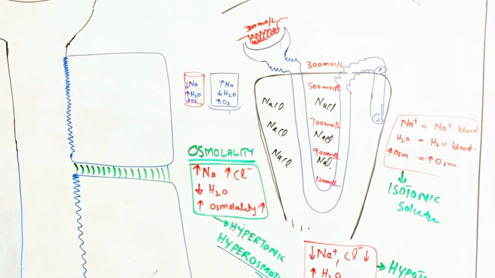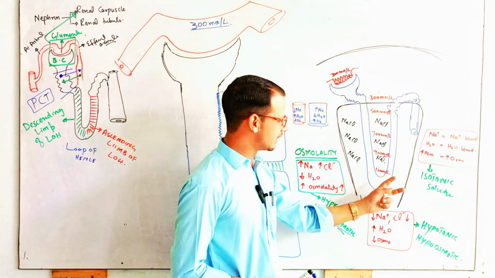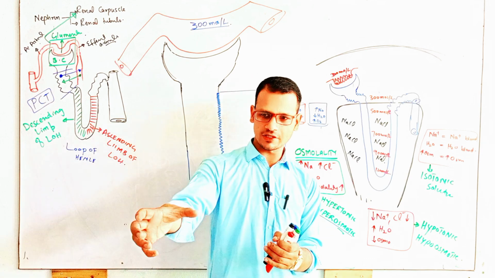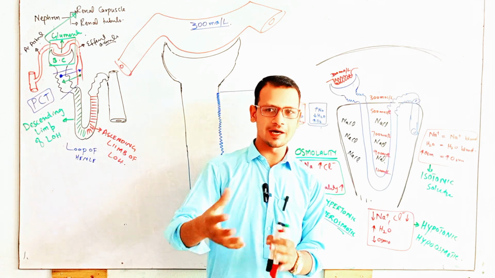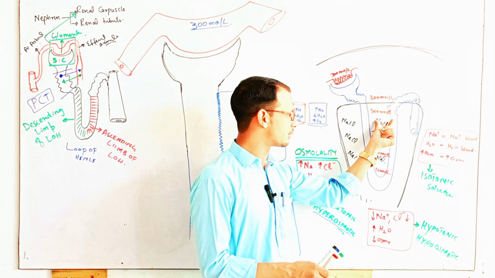So when we are comparing the osmolalities of the cortex and the medulla, the medulla is getting more osmolality because it is taking the solutes from the urine, also from blood, right? We will discuss this concept, but this is very important.